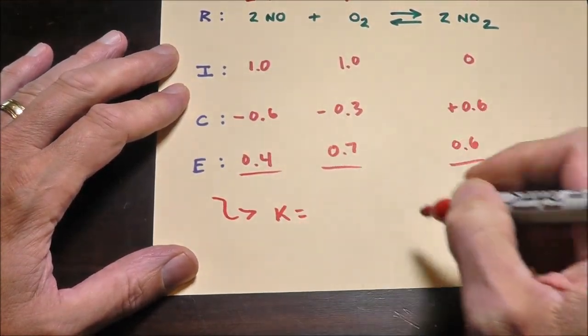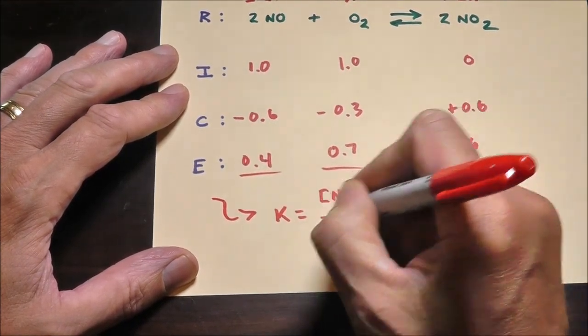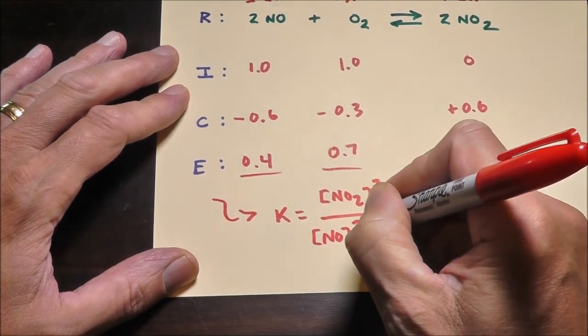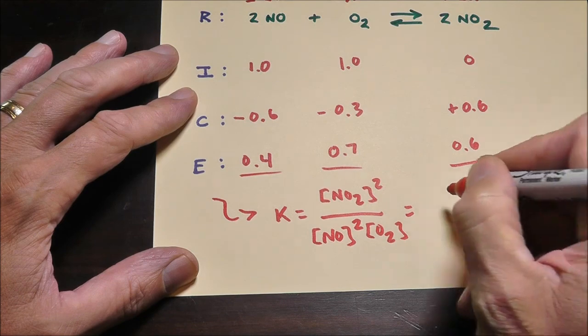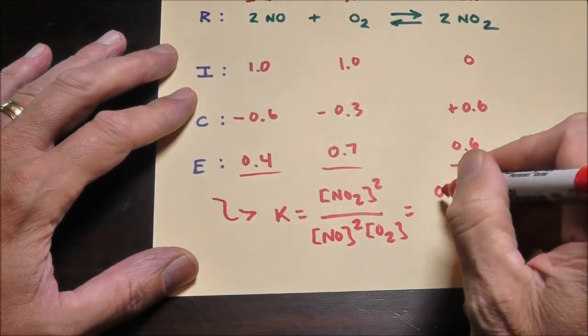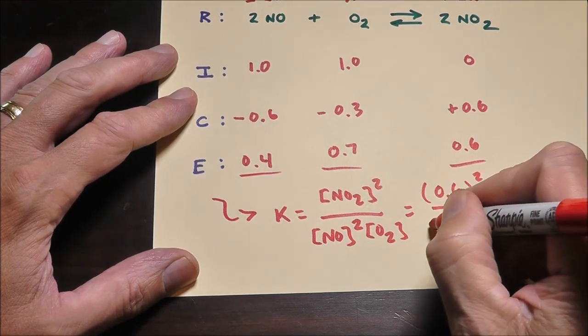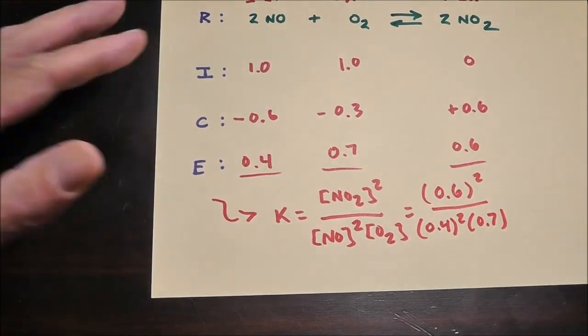K is going to be the concentration of NO2 squared. I know this, writing it over again, we wrote it in my previous little spiel. And you plug numbers in there, 0.6 squared divided by 0.4 squared divided by 0.7.